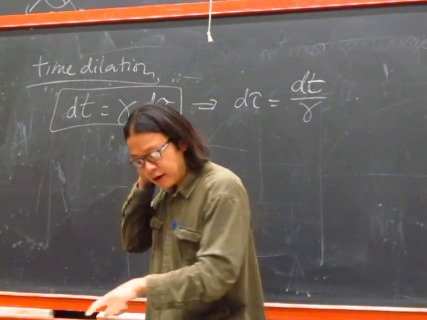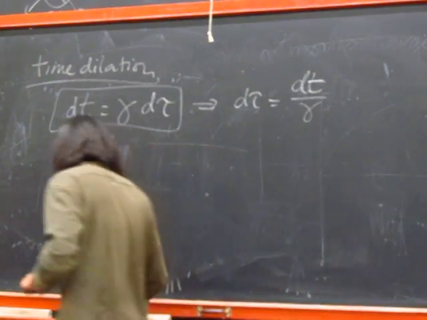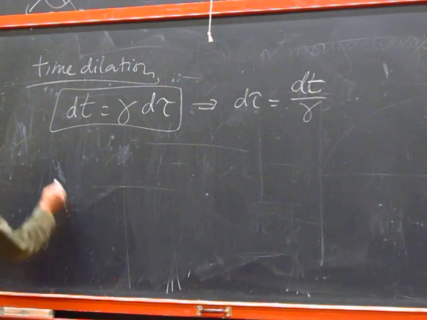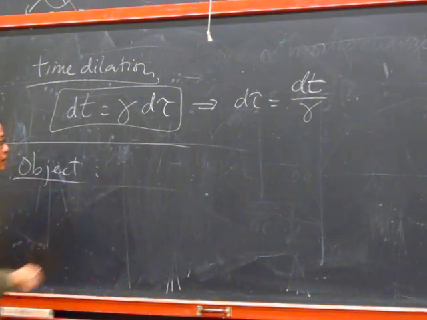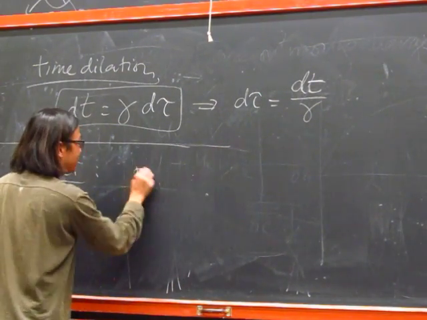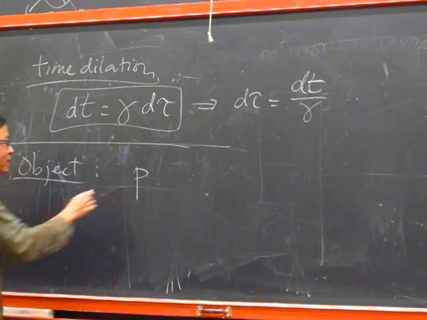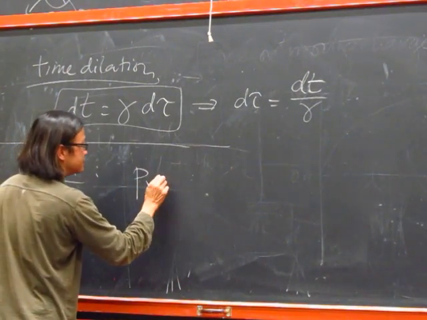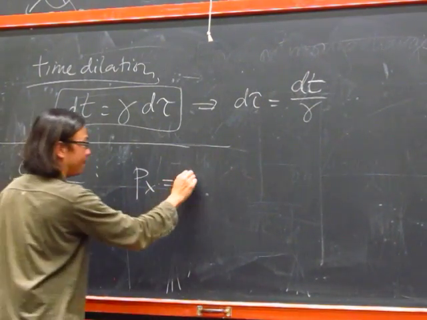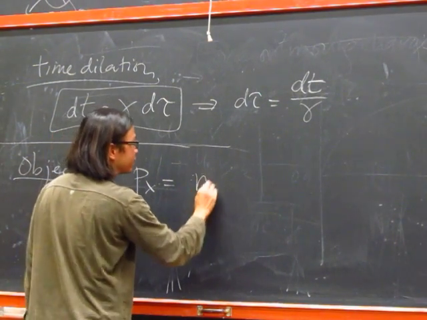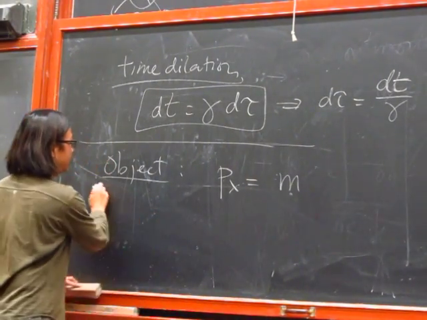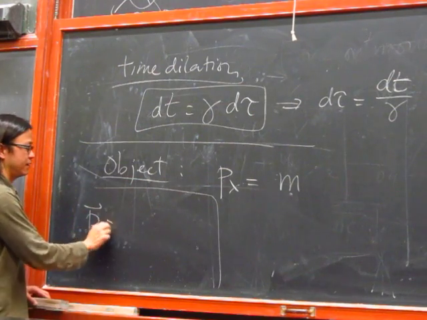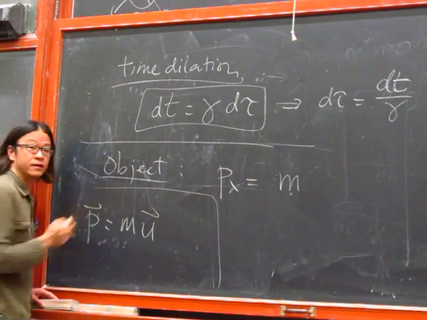With this concept of proper time, I'm going to construct an object called P, momentum. Px is given by, instead of usually, in classical Newtonian physics, momentum is just mass times u, right?